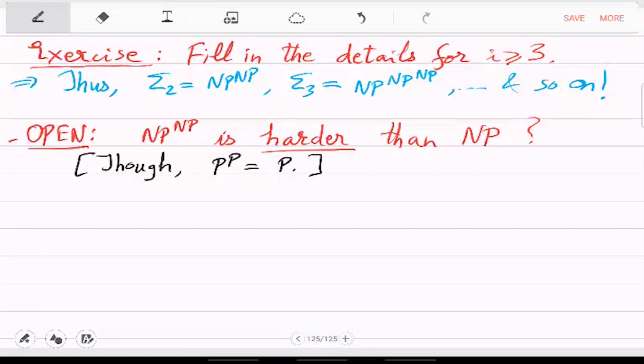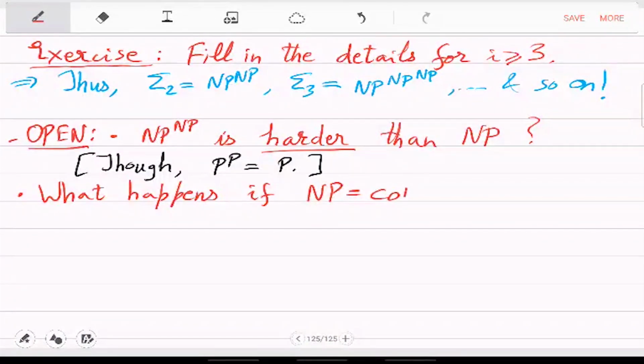Think about that. So what happens if NP is co-NP? Basically you have shown that polynomial hierarchy collapses to NP. So sigma 2 will become NP in that case.